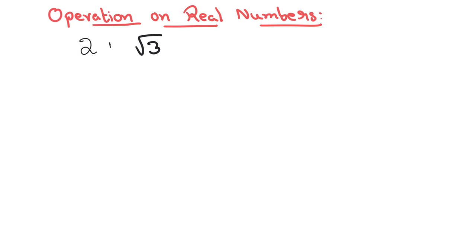Now let's add them. When you add a rational number with an irrational number, the sum is irrational. That's obvious because root 3 is irrational. The decimal representation goes on and on without terminating, without recurring.